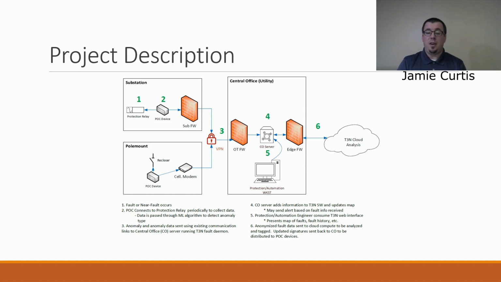This device then securely checks in to the central office server to deliver the fault and its detected fault type for protection, automation, and reliability engineers to consume on a 3D map that has a grid overlay containing the utility company's grid layout and a heat map with contextual data regarding the type of faults that are happening and where they are happening at. If this fault does not fit into a classification that has been seen before, it is indicated for the utility company's engineers to be investigated.